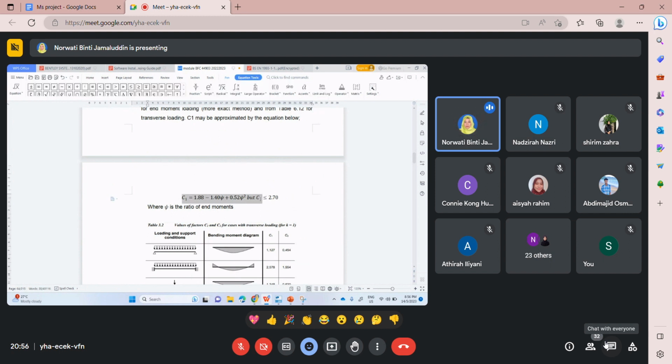This is the equation for C1. I do not remember how to pronounce this symbol, I do not remember the Latin, but this is the ratio of end moments.